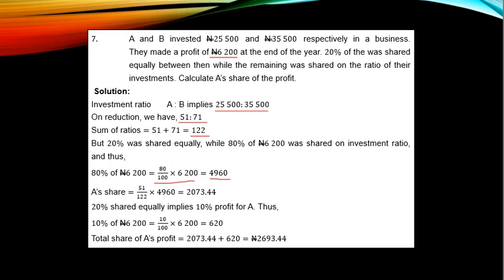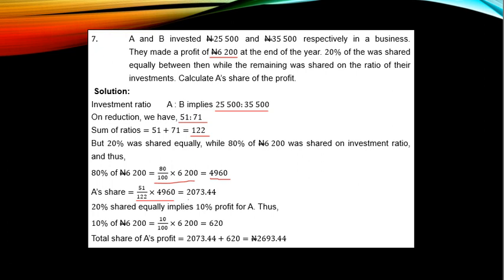So from this amount, 80% that was shared based on the investment ratio, you are now asked to find A's share. So A's share is A's ratio of investment, that is 51 over sum of ratio 122 times 80% of the amount of the profit, that is 4,960.